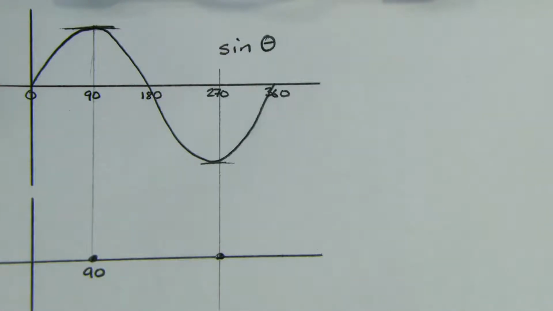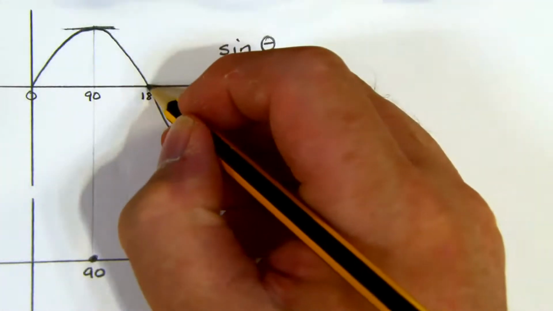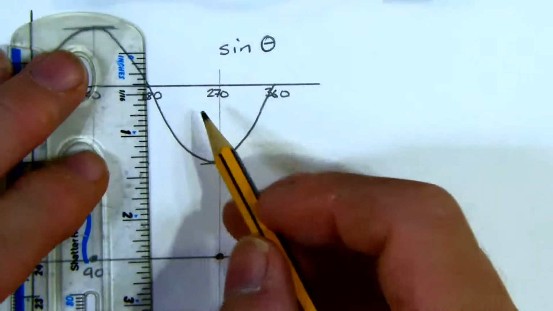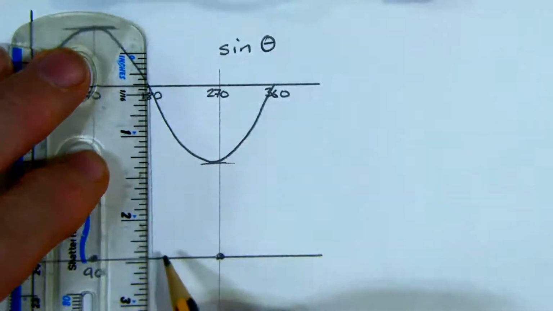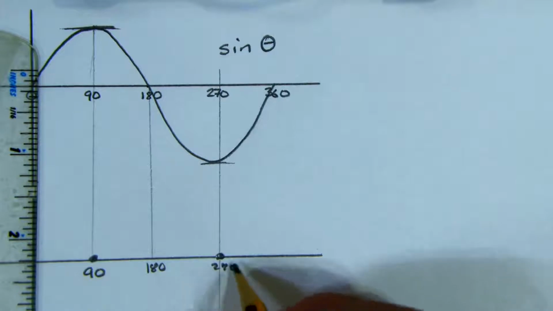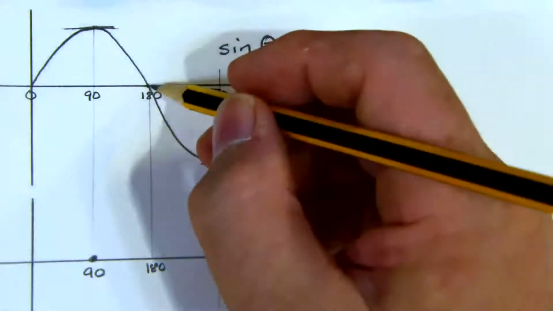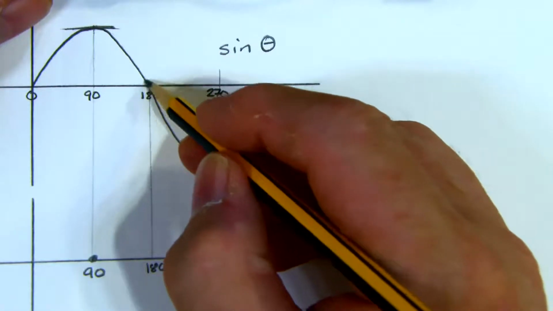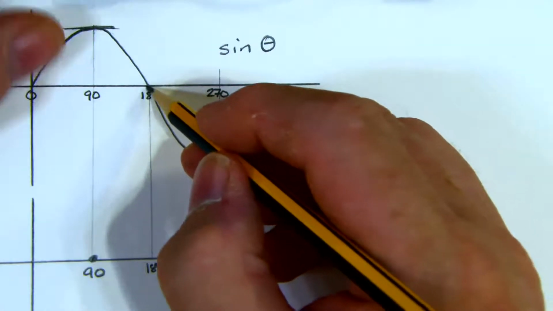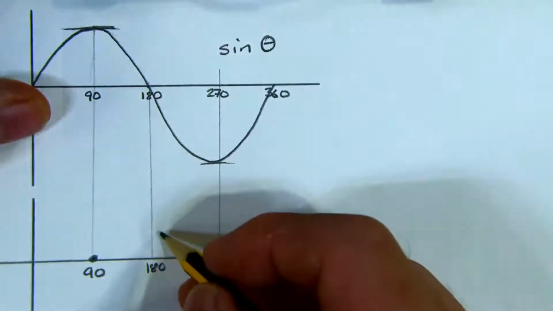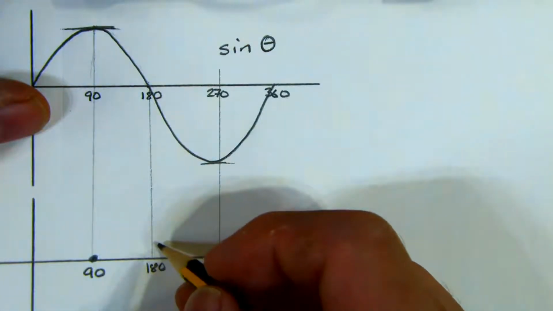Let's look at the point 180 and let's see what's going on with 180. Well, at 180, we can see that the gradient here is at its maximum.